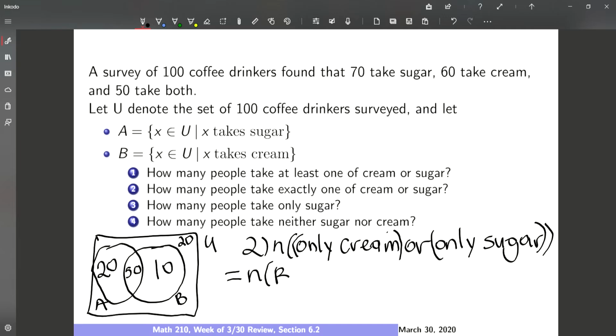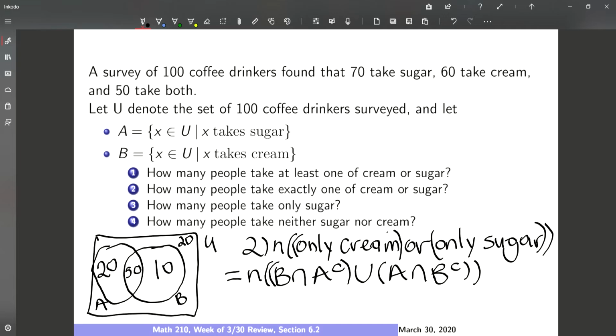So you say B and not A, and not A is represented by the complement of A. So that takes care of the only cream part. And then or, we know that's union. Only sugar means we want only things in A, meaning A and not B.